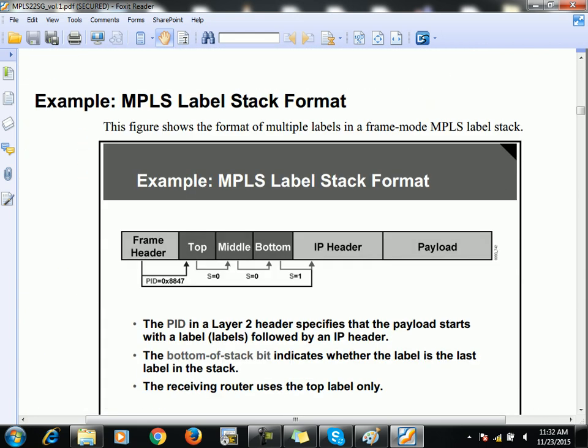The top label and middle label have the S bit as 0, whereas the bottom label has its S bit as 1, because this is the last label in this label stack. Understand? So you can have multiple labels in a label stack.